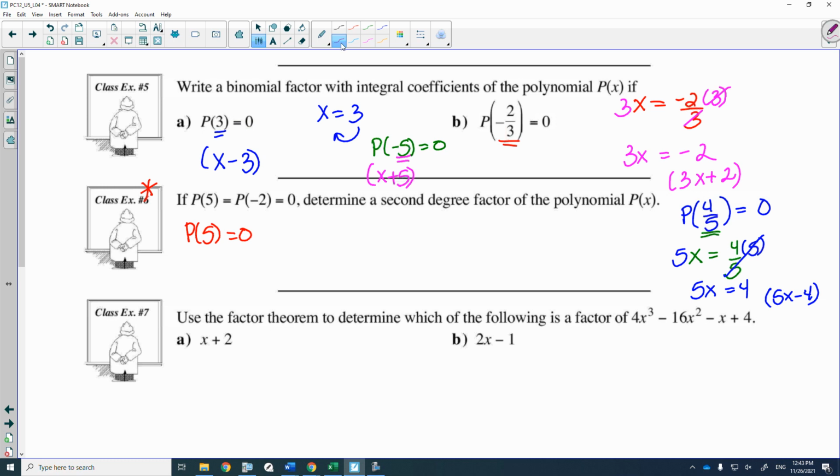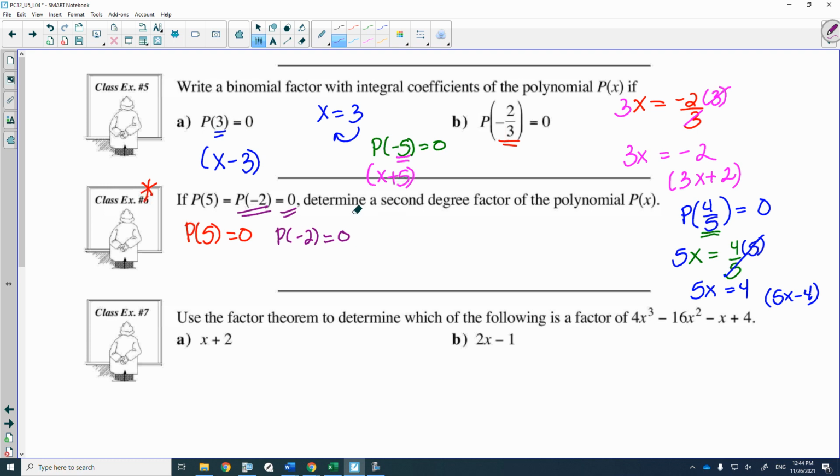And it's also saying p of negative 2 is equal to 0. What that means is when our root is 5, our remainder is 0. We're going to have an x-intercept at 5. This means that when our root is negative 2, our remainder is 0. We're going to have an x-intercept of negative 2.